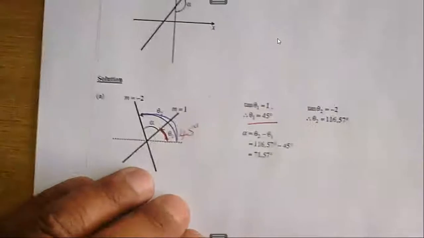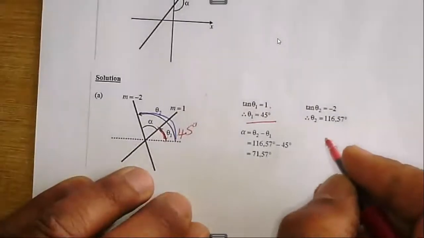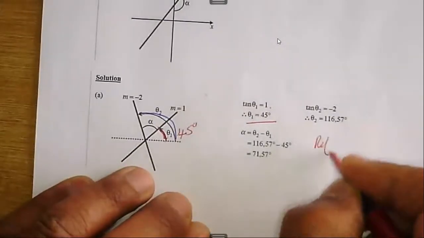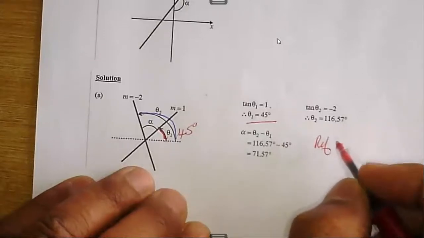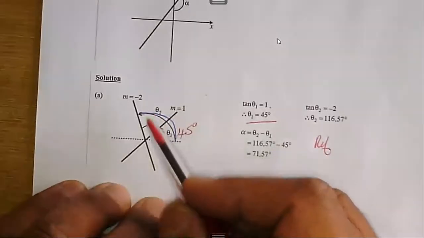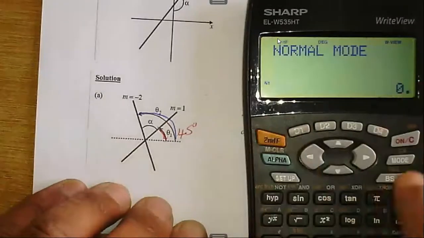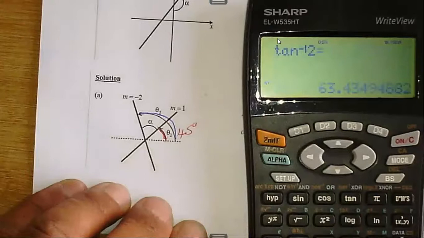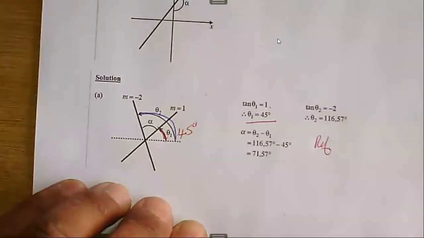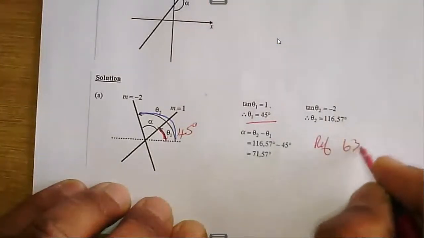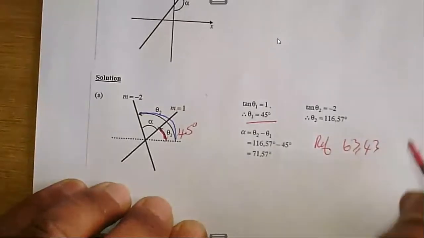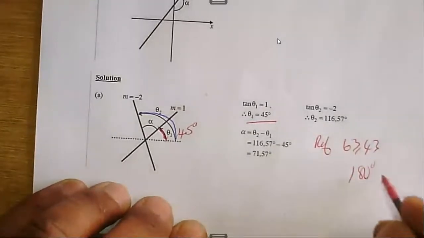There, I must first get the reference angle. The reference angle will be shift tan of 2, and it gives us 63,43, which you must subtract from 180.